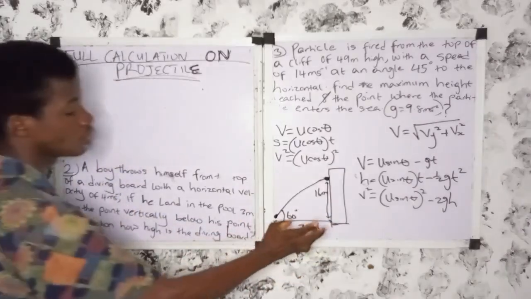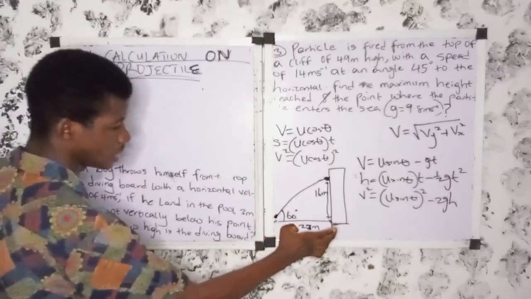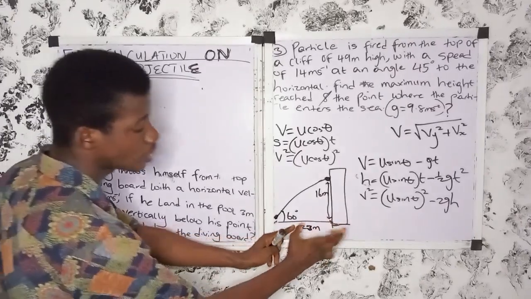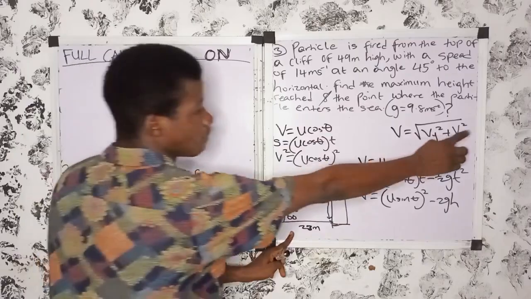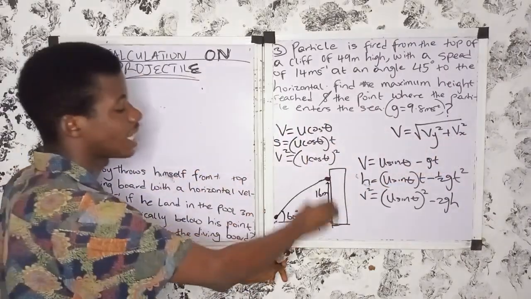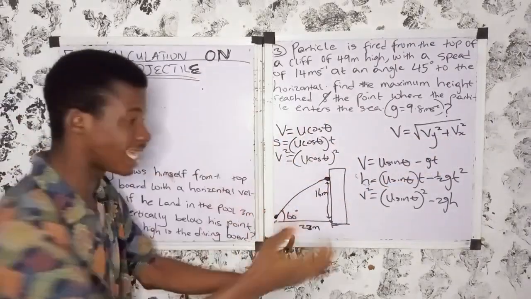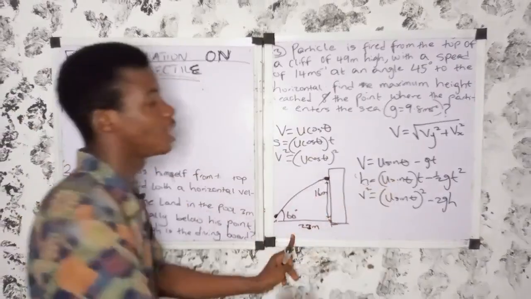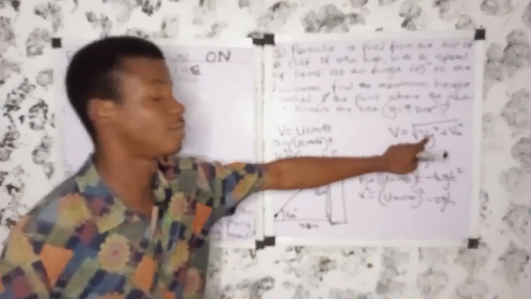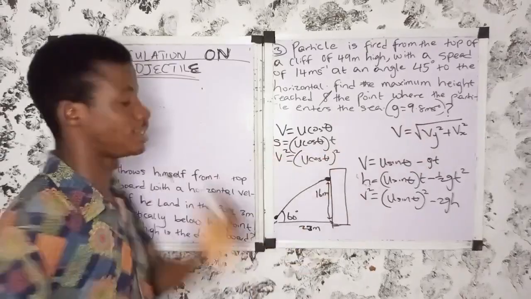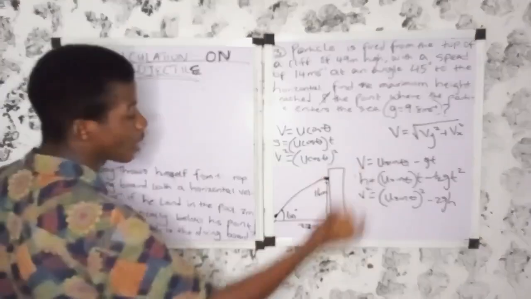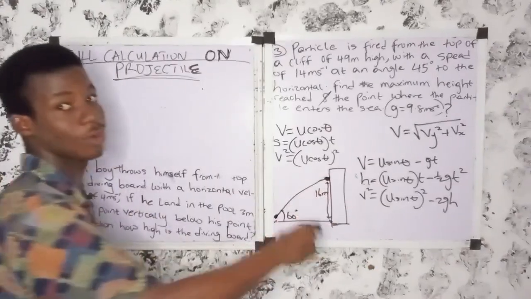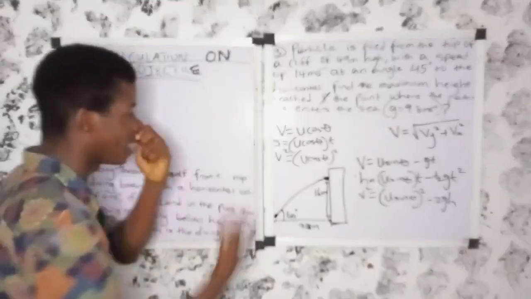So we are going to use this horizontal distance to look for the horizontal velocity, while we are going to use this vertical distance, or height, to look for the vertical velocity.